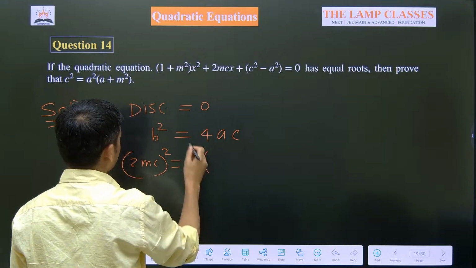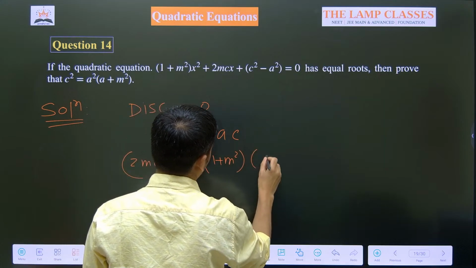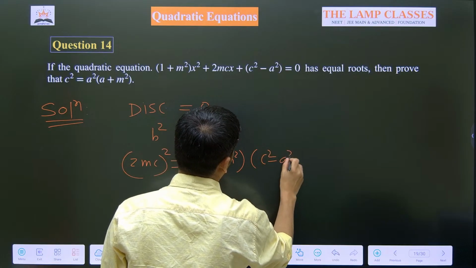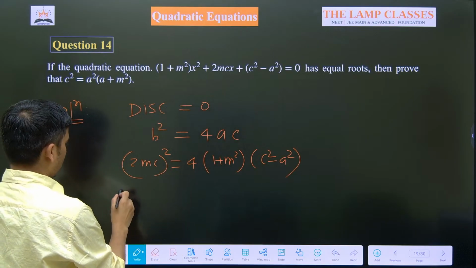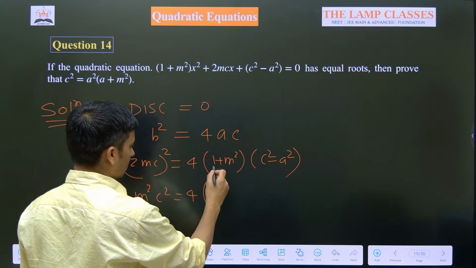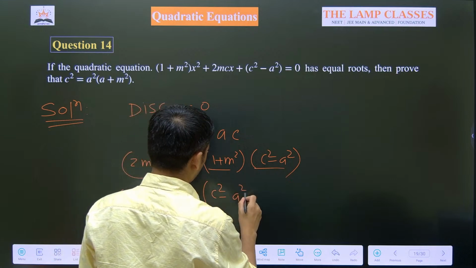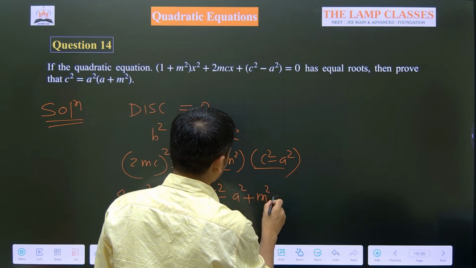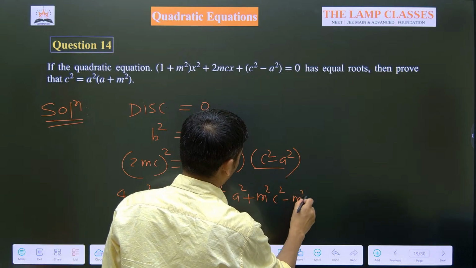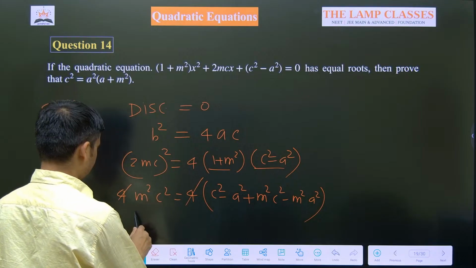4 times, it's 4m square c square is equal to 4 times, let's multiply this. So c square minus a square plus m square c square minus m square a square. This 4 and this 4 we can cancel.